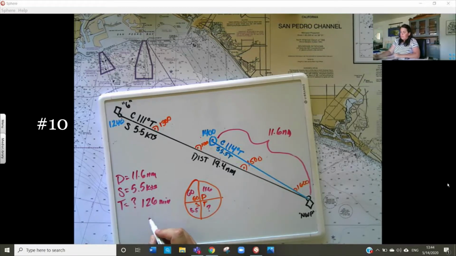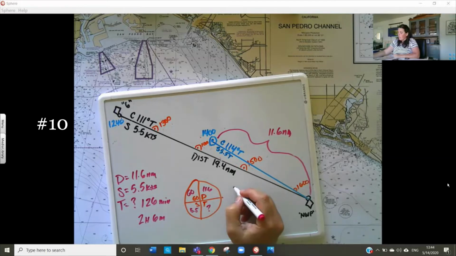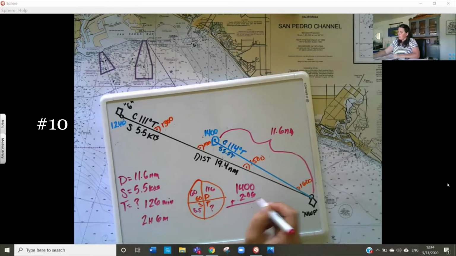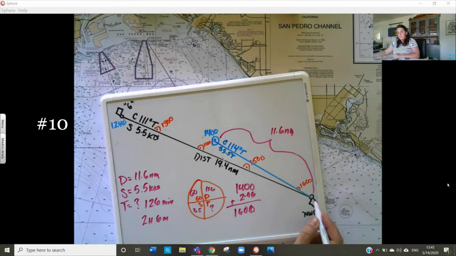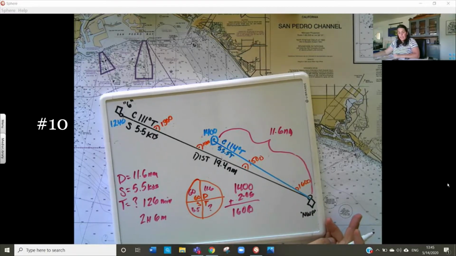So that would equal 2 hours and 6 minutes. If we started at 1400, it would take us 2 hours and 6 minutes. So our new ETA would be 16:06. And that is day 1 of assignment 12. So let's move to day 2.